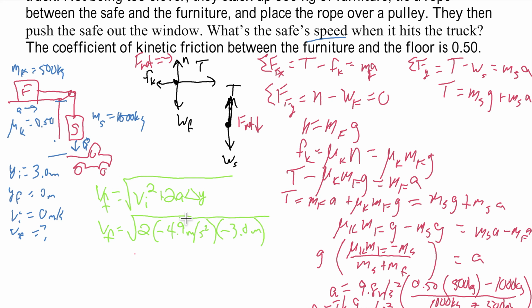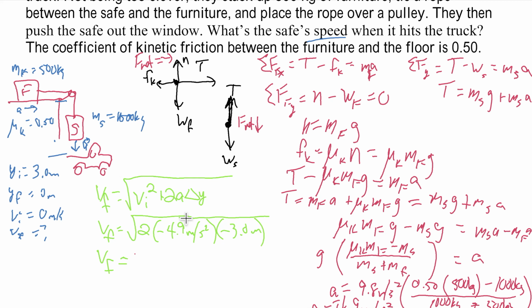And so the negative times negative becomes positive. So we have a positive underneath the square root, which is very important, of course. And we have the square root of, just estimating, 6 times 4.9, like square root of 30. So it'll be a little over 5.